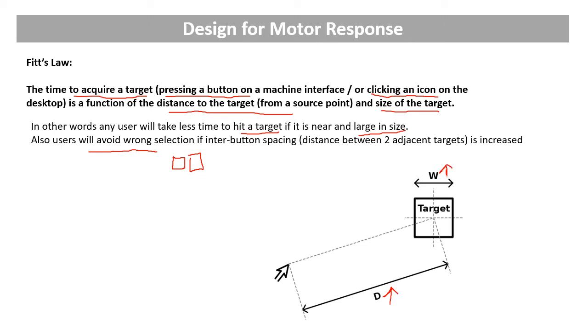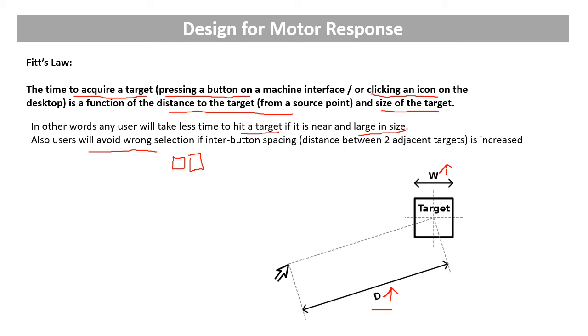So if the width of a target or the width of an icon increases, the time taken by the user to hit this target would decrease. But conversely, if the distance increases, then the time taken will increase, right? So obviously it means that the farther away this icon is from the cursor, the more time is required to acquire this target.